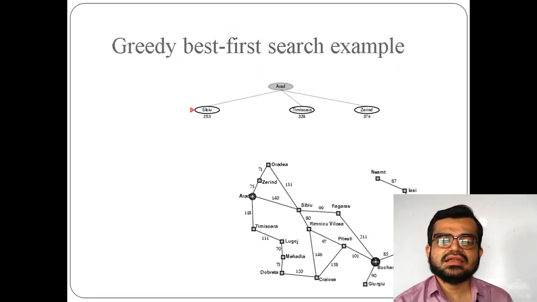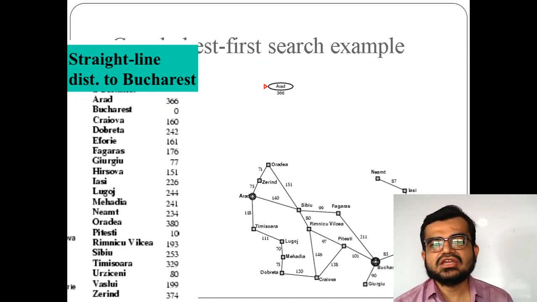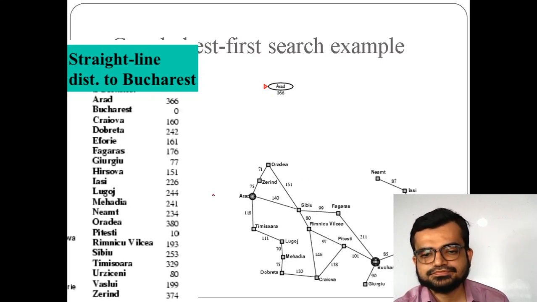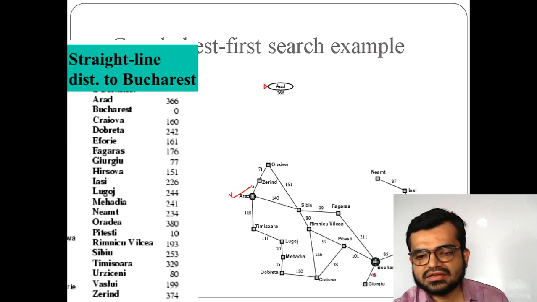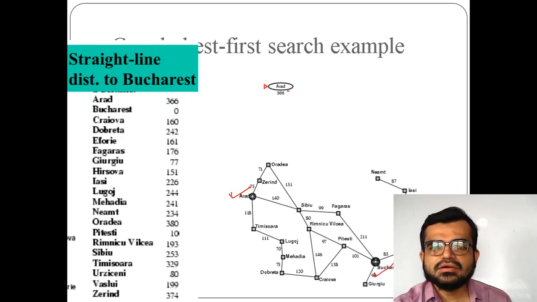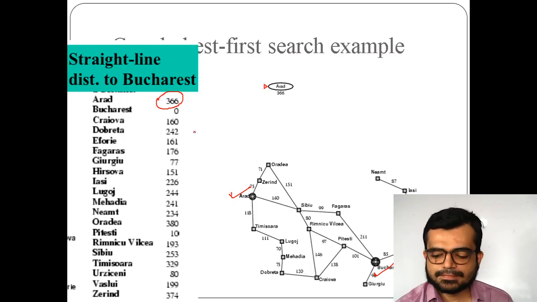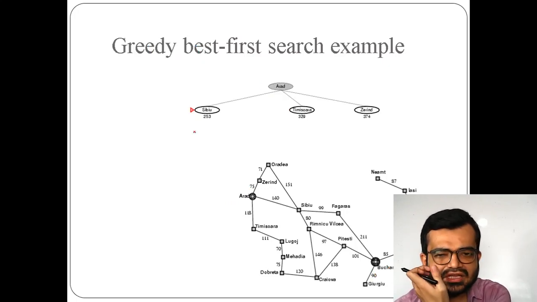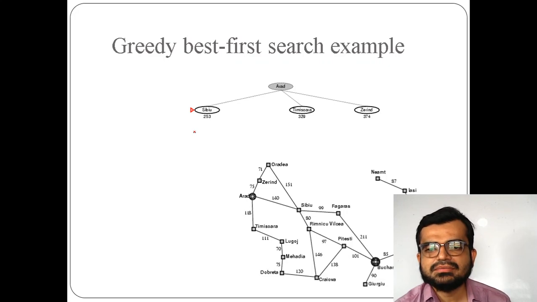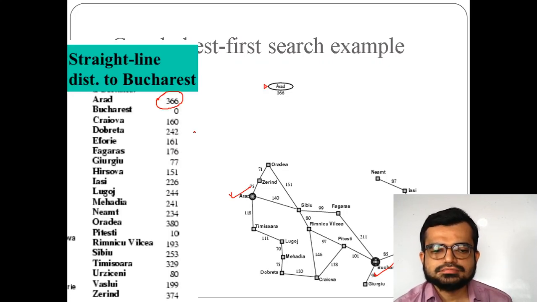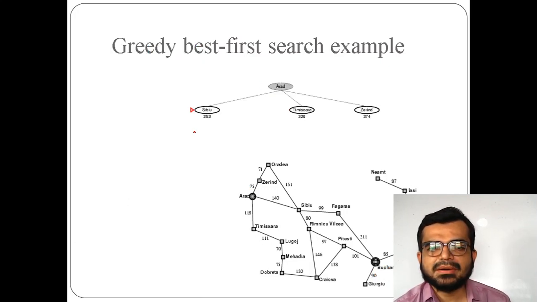Now again this is an example. Initially I need to reach from Arad to Bucharest, this is my destination. The aerial distance here is given as 366 kilometers, right? From Arad there are three locations, Sibiu, Timisoara and Zerind.